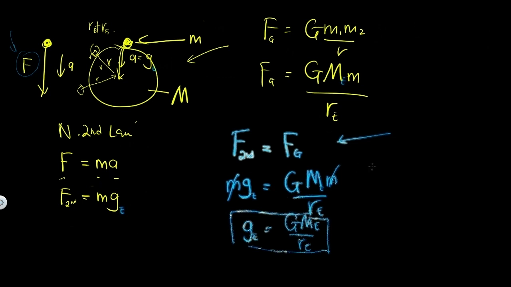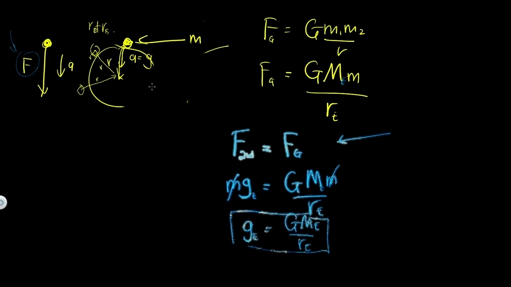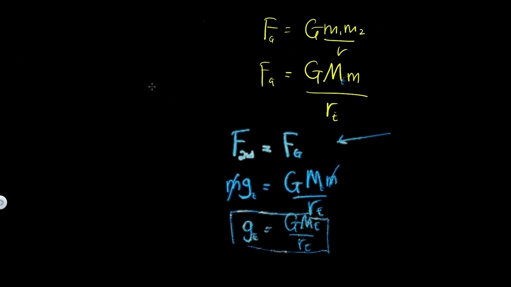So you can see that we can relate the value of gravitational acceleration on the surface of any object, g, not only with the gravitational constant but also with the mass and the radius.